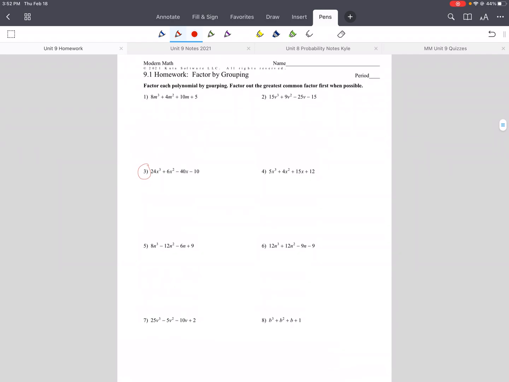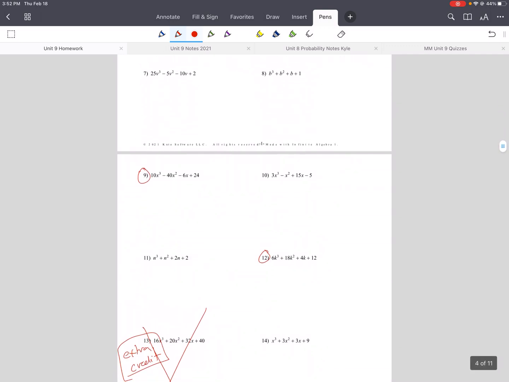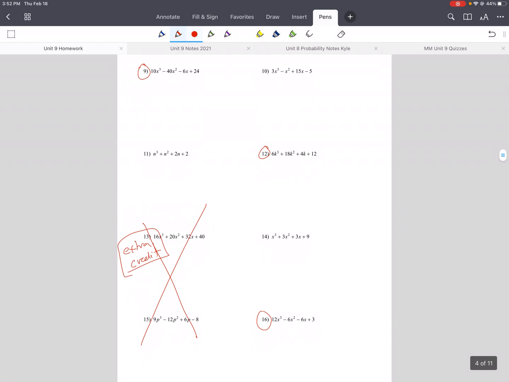So I'm going to tell you that they have a greatest common factor. It's 3, 6, 9, 12, and 16. Those all have greatest common factors. And I guess 15 is as well, if you want to get the extra credit.